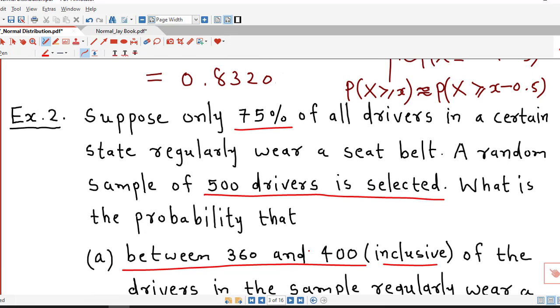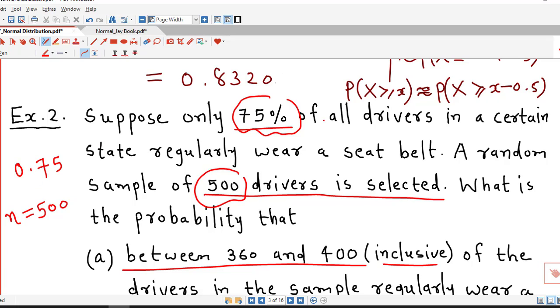So here the random variable under consideration is the number of drivers who regularly wear a seat belt among n equal to 500 drivers, and it is given that probability that drivers regularly wear a seat belt is 75%, that is 0.75, and we have sample of 500 drivers.